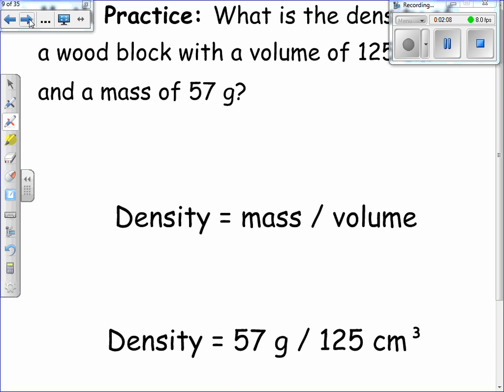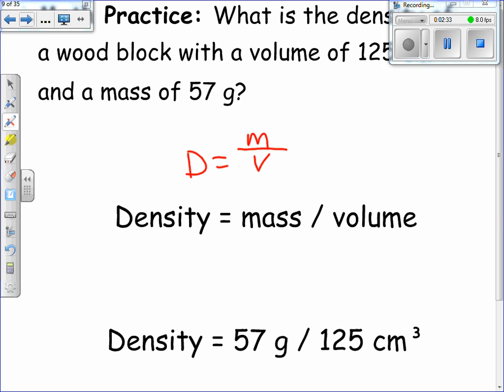Okay, so we're going to practice some problems. Say we have a wood block with a volume of 125 cubic centimeters and a mass of 57 grams. Take our formula for density, mass over volume.